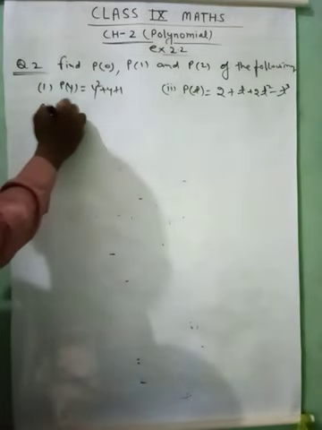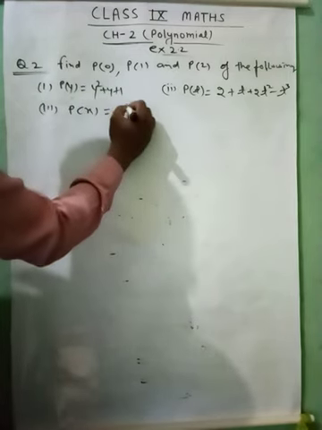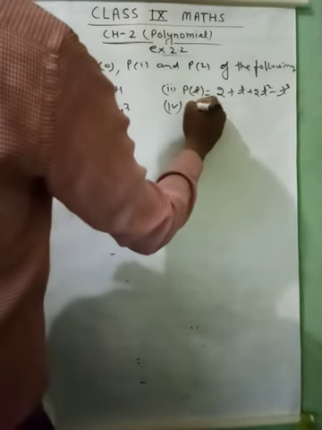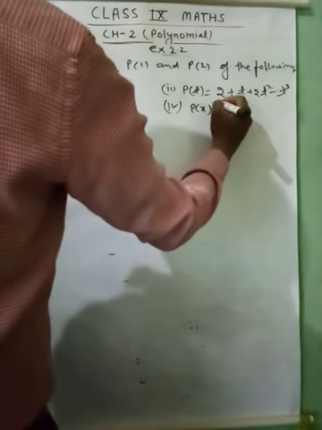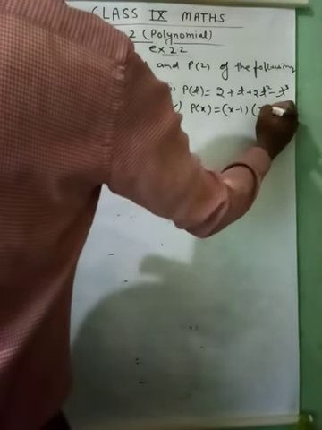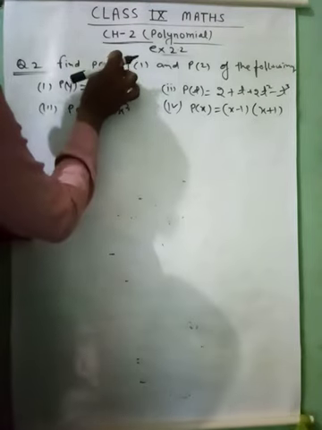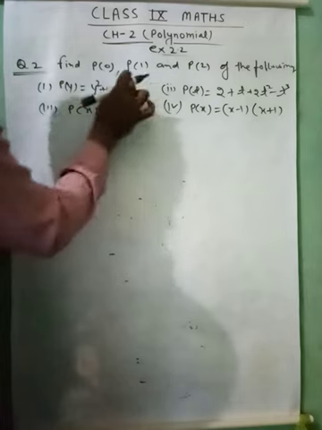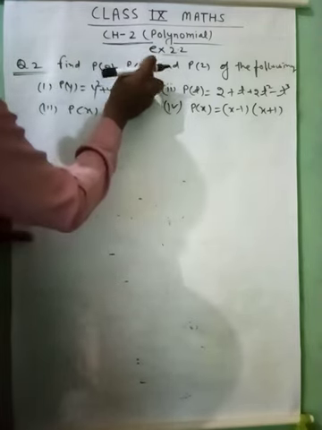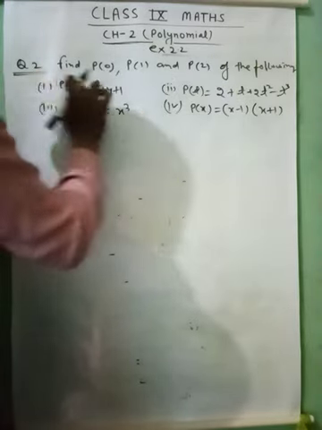Third question is p(x) is equal to x cube. Fourth question is p(x) is equal to (x minus 1) and (x plus 1). So you have to find the value. First you have to put 0 in each expression. Next you have to put 1, next 2 in each equation.